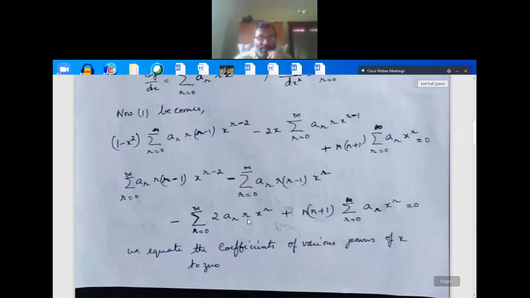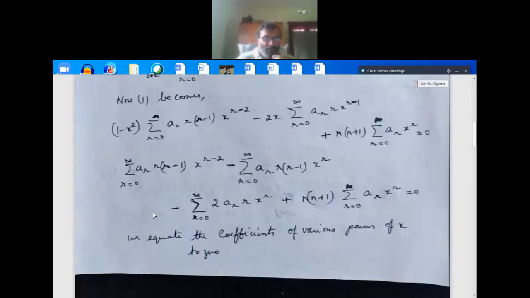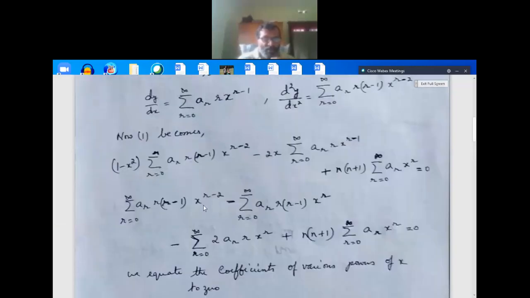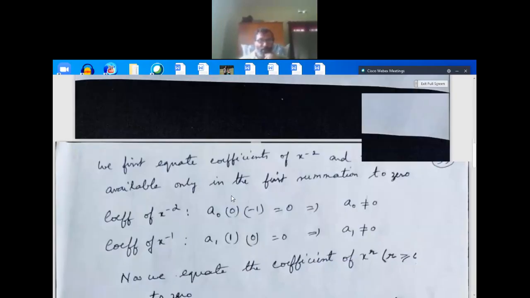If r is 0, the coefficient of x power minus 2 will be a naught, 0 into minus 1, into x power minus 2.